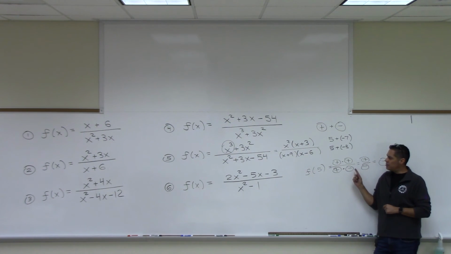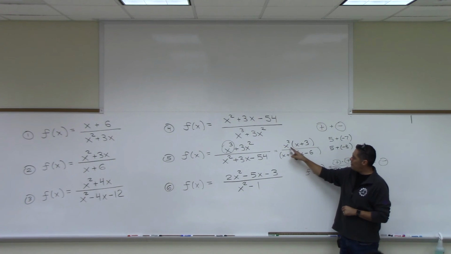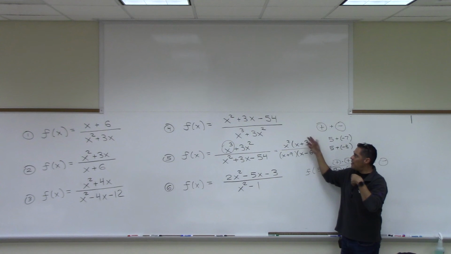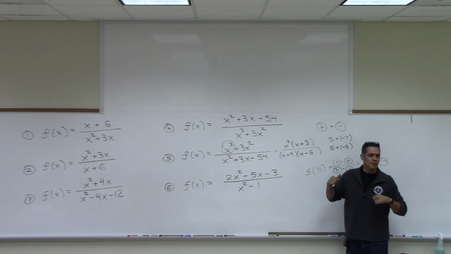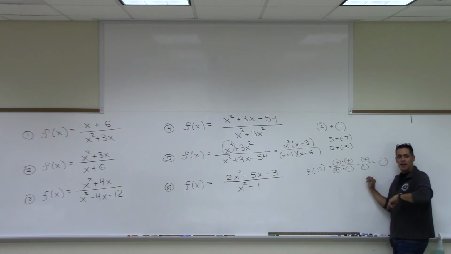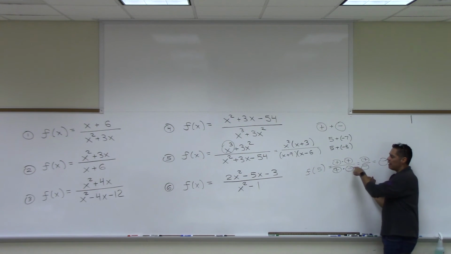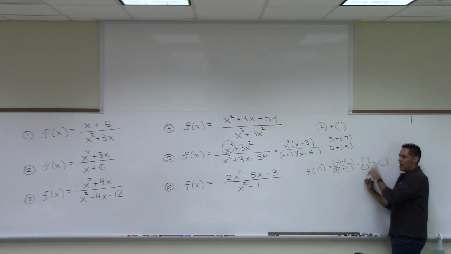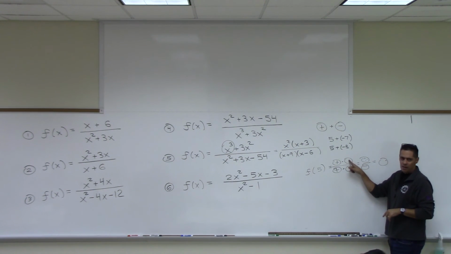If you just do that mentally and say, okay, if I plug in 5 in here, I got positive, positive, okay, top's positive; positive, negative, okay, bottom's negative; positive over negative, that's negative, okay. You don't need to write it down. This is just to show everyone what I'm doing. But if it's wrong and you did it in your head, I can't tell why it's wrong. Here I can see if someone accidentally put negative here, and then negative over negative is positive, I would see, okay, their mistake was just right there.